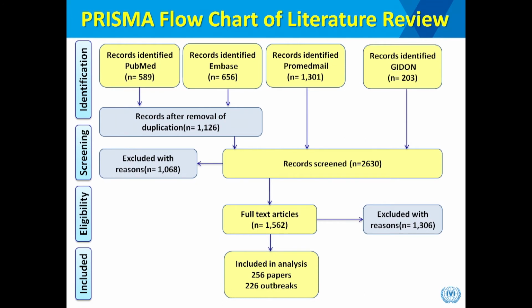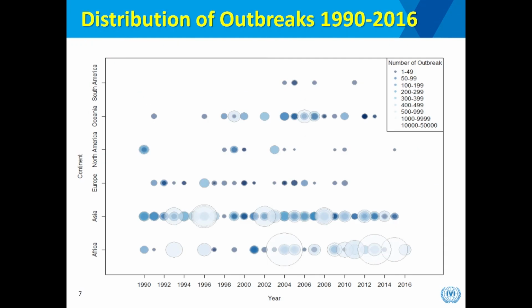And if you see at the end, after all this review process, we had 256 papers with 226 outbreaks. This is the map showing where the outbreaks occurred and in what time period. On the y-axis, you will see the different regions, Africa, Asia, Europe, and on the x-axis, you will see the time period from 1990 to 2016.